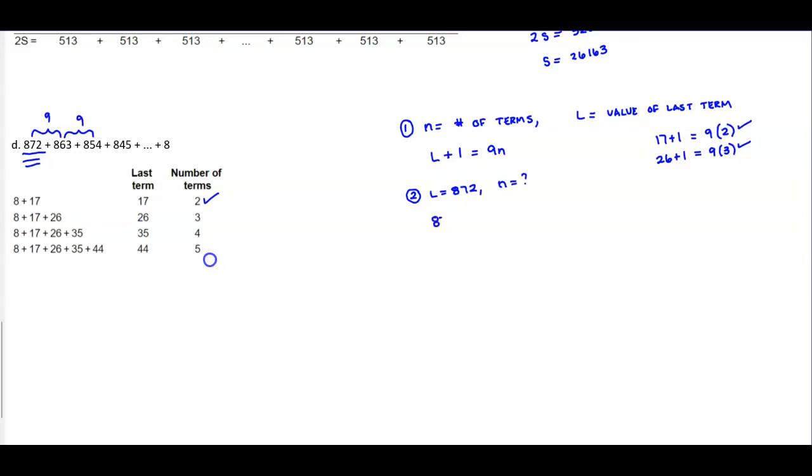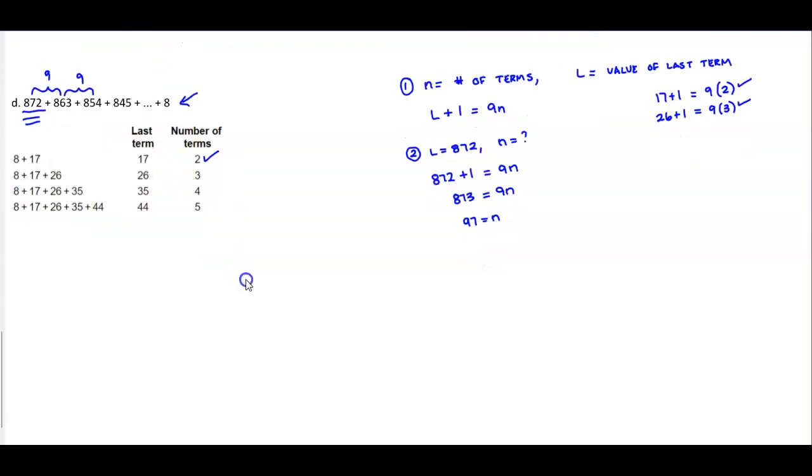So we take 872, we add 1, and that's going to give us 9 times n. 872 plus 1 gives us 873, and that's equal to 9n. Divide both sides by 9, and then n is going to equal 97. So therefore, there are 97 terms in this sum here.